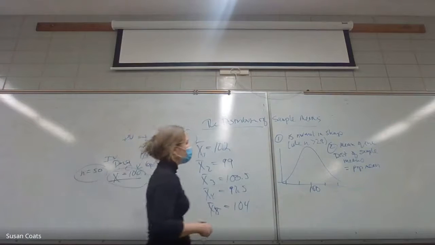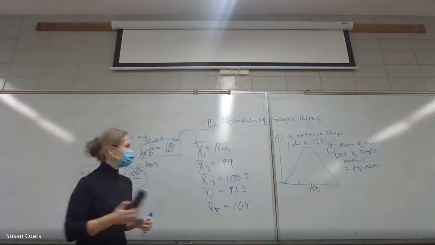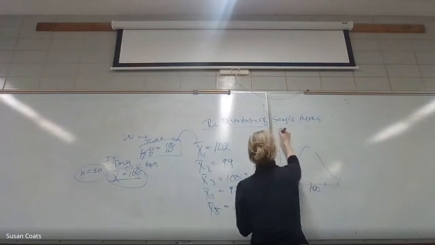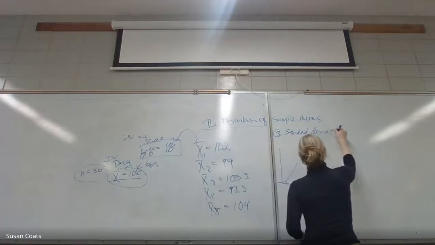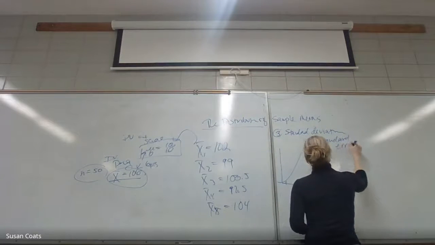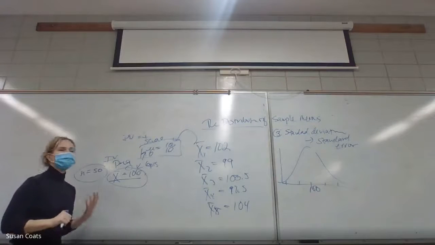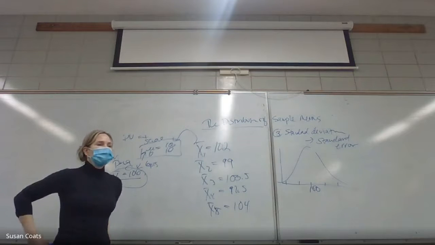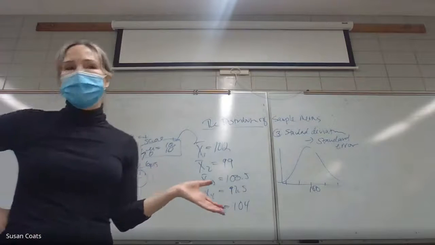And so that standard deviation of the distribution of sample means, we actually give it a special name. We call it the standard error. So the standard deviation of the distribution of sample means is called standard error, because it represents the average amount they would expect a sample mean to differ from the population mean.